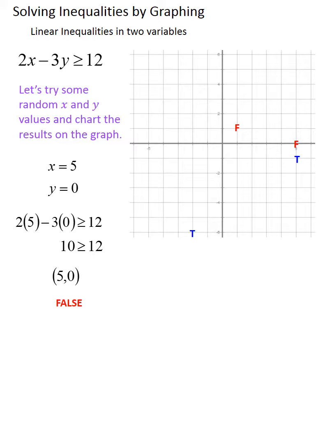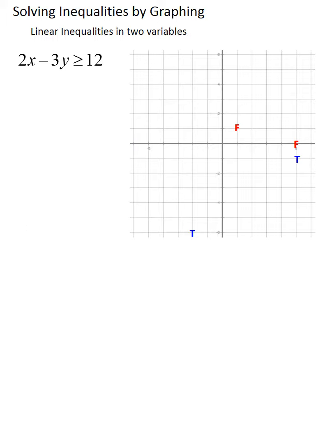Now, this is not a good strategy for actually solving this inequality by graphing. But what this shows is that there are some true points and some false points for any linear inequality like this.